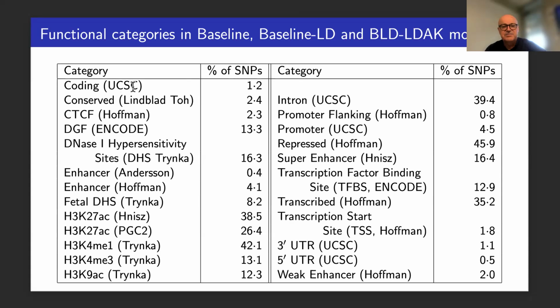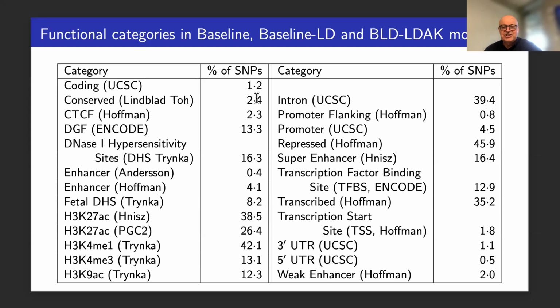All our data analyses pretty much are UK Biobank data. 1.2% of SNPs are coding. This conserved category is interesting. This was conservation amongst, I think, 29 placental mammals, and I can't remember the exact definition of conservation, but to give you an idea, about 2.4% of SNPs were classified as being conserved.